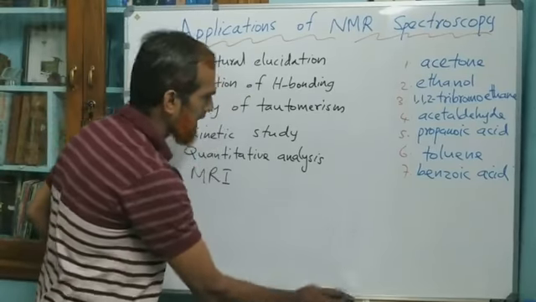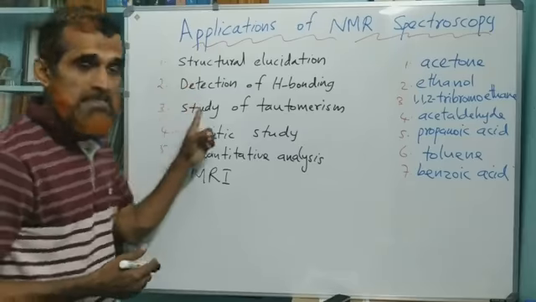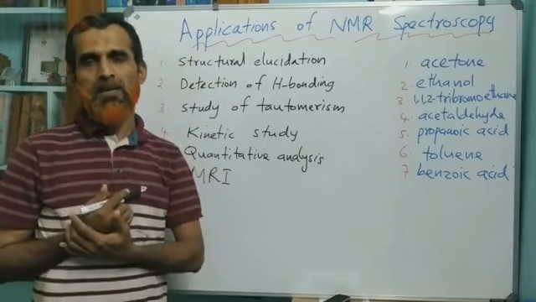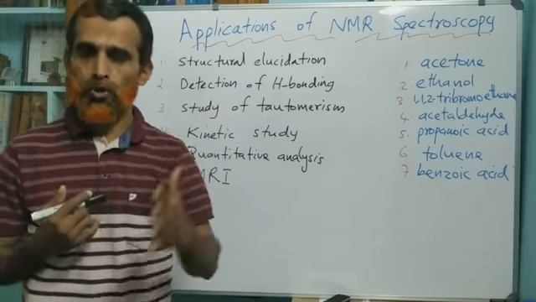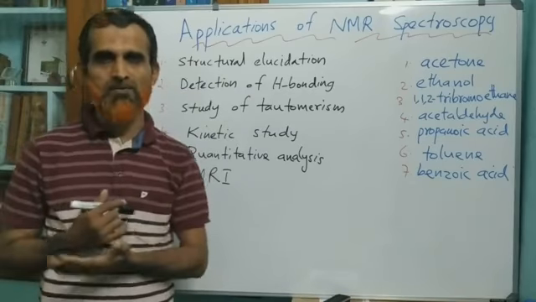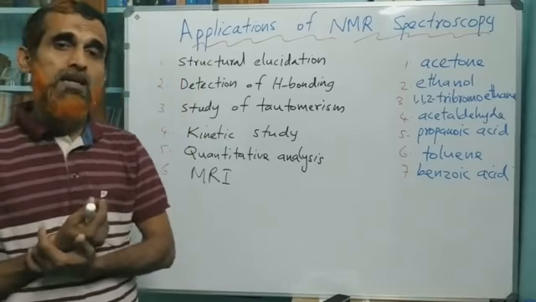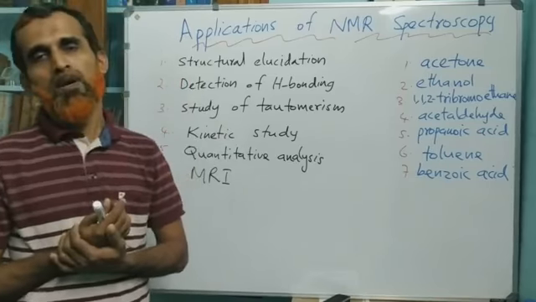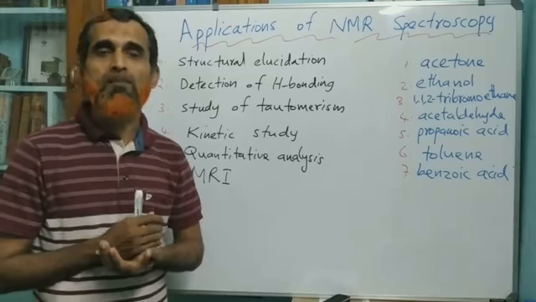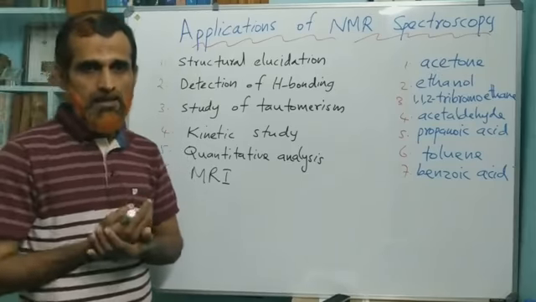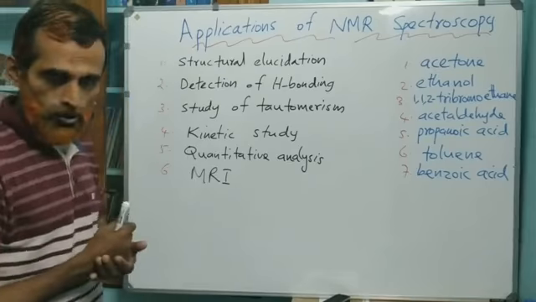Then the third application is, we can study tautomerism, because in tautomerism, for example keto-enol tautomerism, there is hydrogen transfer. So we can compare the NMR spectrum of the two forms, keto form and enol form, and study this tautomerism.